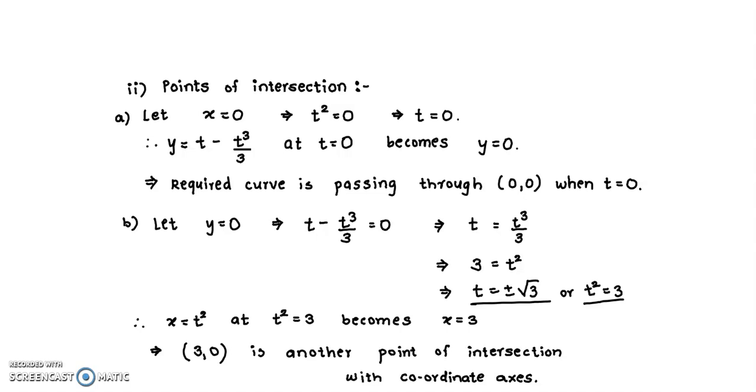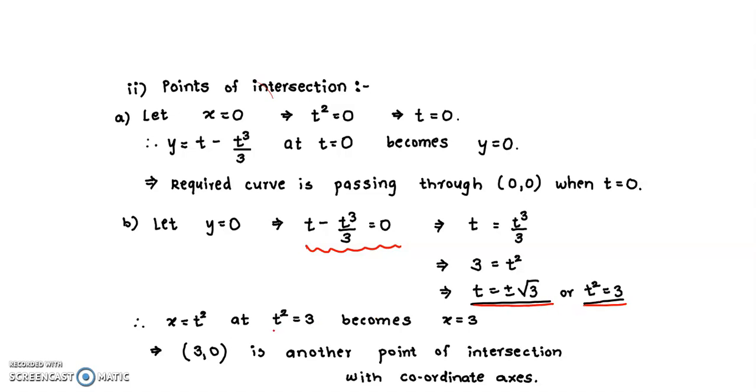Second point of contact: to find the x-intercept, we take y equal to 0 and find the corresponding values for t. So we consider this equation for y equated to 0 and find the corresponding values for t.